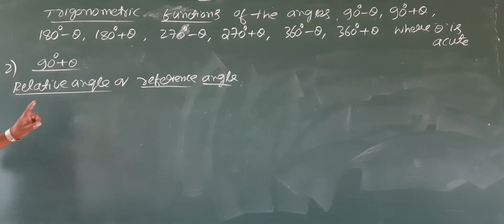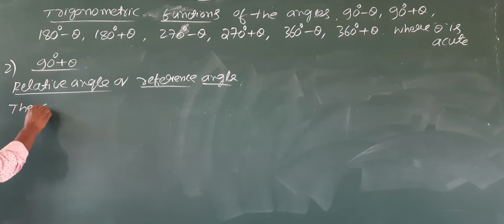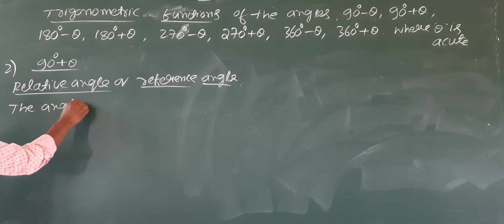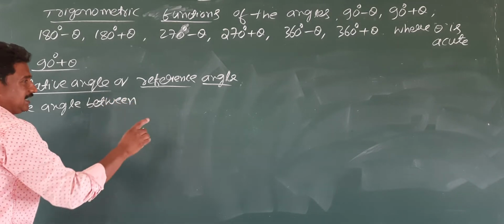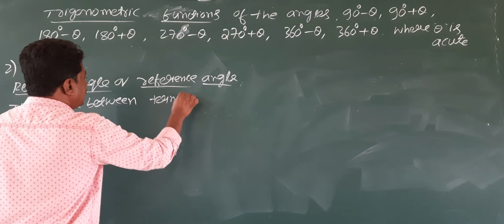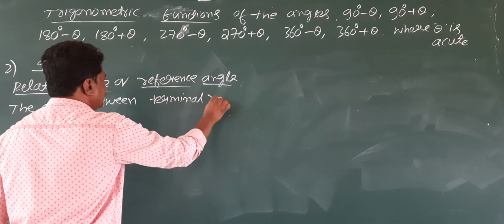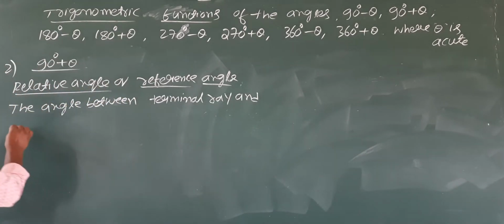So the relative angle means the angle between the terminal ray and the x-axis.